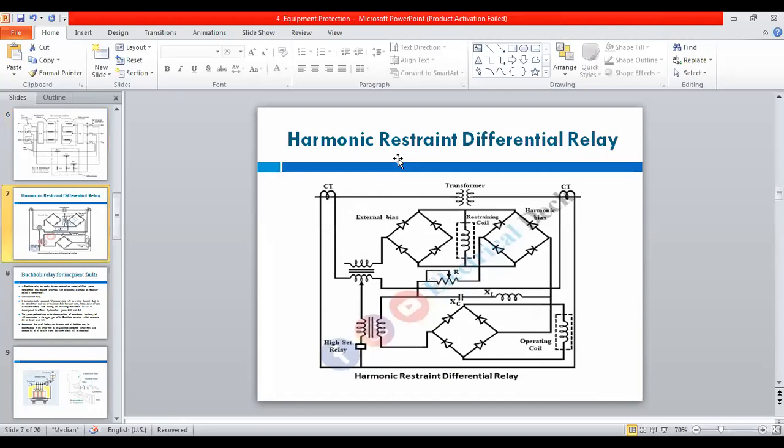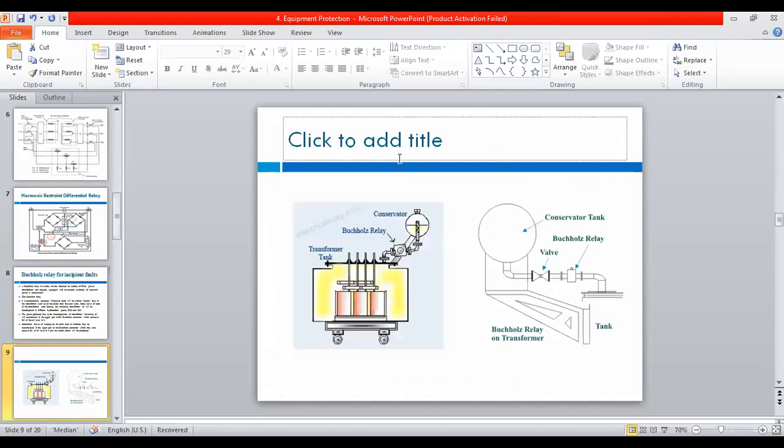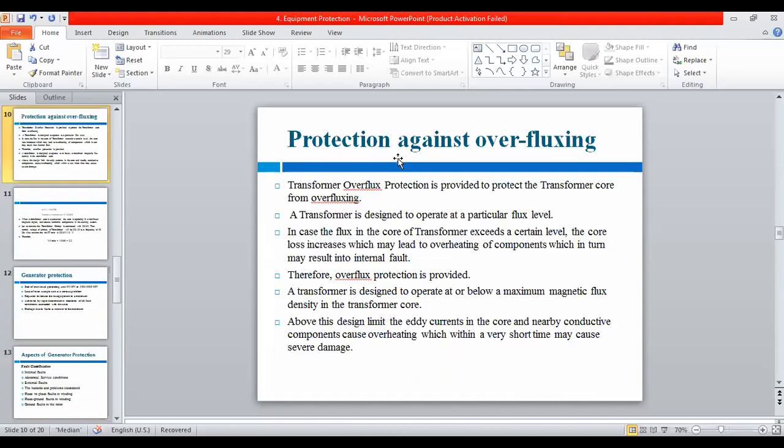Remember this. It is very important and is used not only for transformers but for generators also. Then we have seen the harmonic restraint differential relay and the Buchholz relay for incipient faults. Buchholz relay you already studied, so simple, and protection against overfluxing.